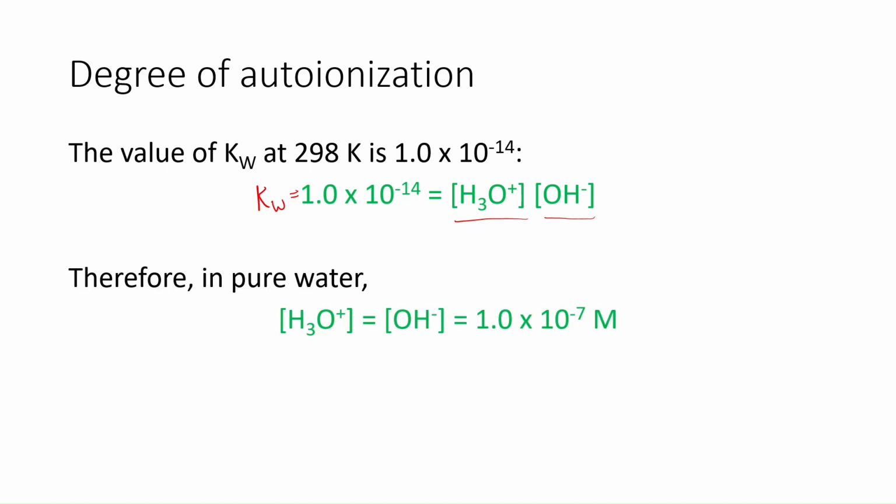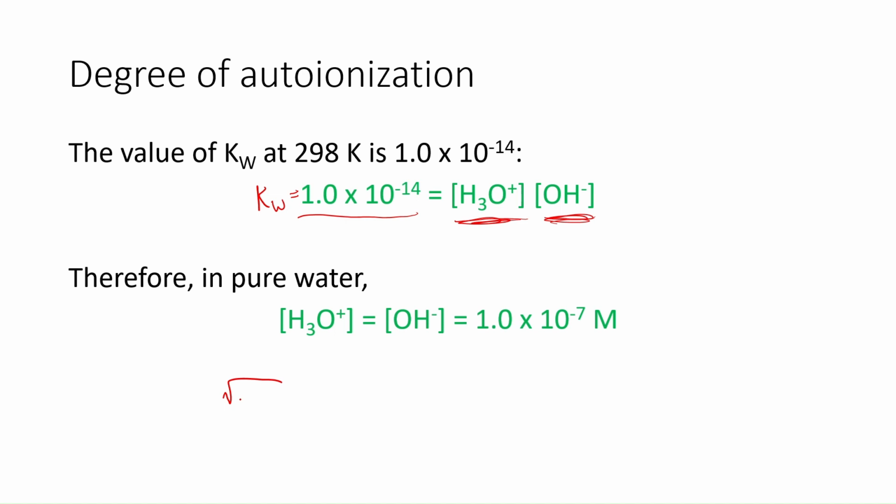So if you want to break that down further, we can consider that the concentration of hydronium ions is always equal to the concentration of hydroxide ions in pure water, because one water molecule is always pulling the proton off of another neighboring water molecule. So those species will always be equal to each other, and so they're present in the same amounts. And so to get the concentration of either one, you can take the square root of Kw.